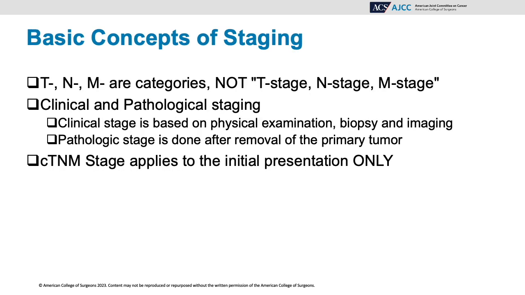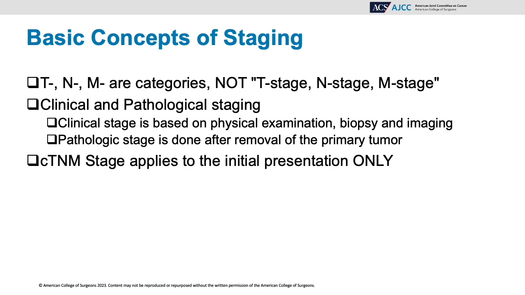So again, basic concepts of staging, T, N, and M are called categories, not T stage, N stage, M stage. There are what are called clinical and pathologic staging. Clinical stage is based on the physical examination, biopsy, and imaging.